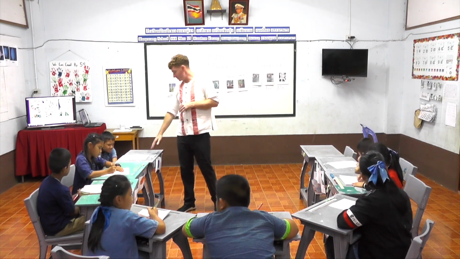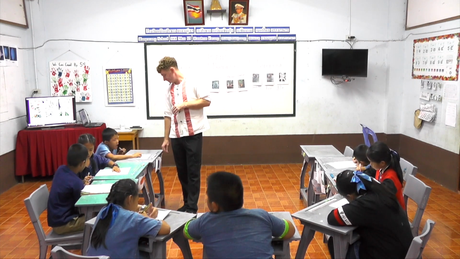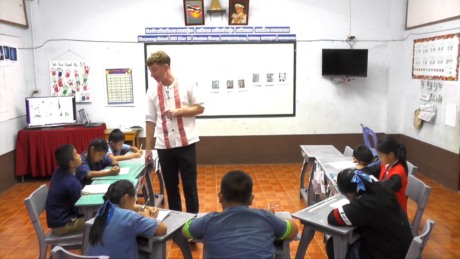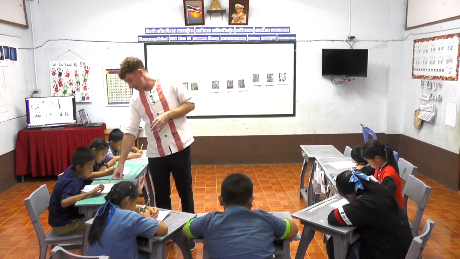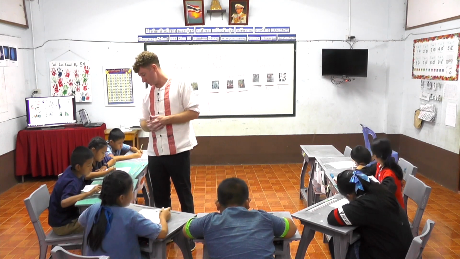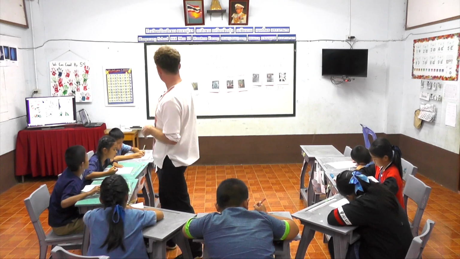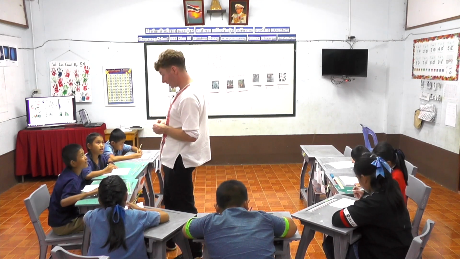So, Chu, what do you think? How many categories of plants have you learnt about today? Pat, how many categories of plants have you learnt about today? There are. How many? Can you see on the board? 3, yes.